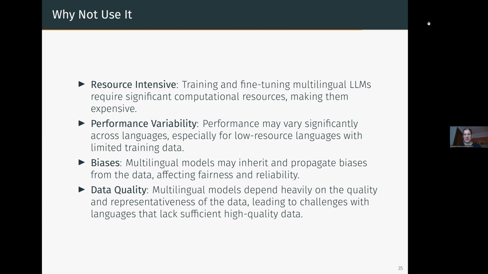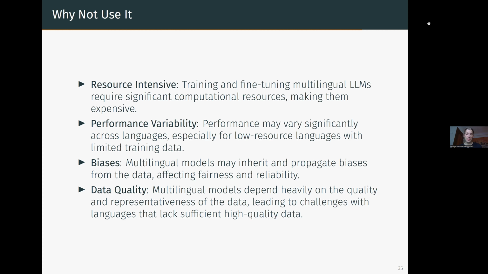Some languages, where there's more training data, just perform better than languages where there's not a lot of training data. They tend to be very good in languages like English, German and French, but they're way worse with languages like Finnish or Afrikaans, for example, where there's not a lot of data available.